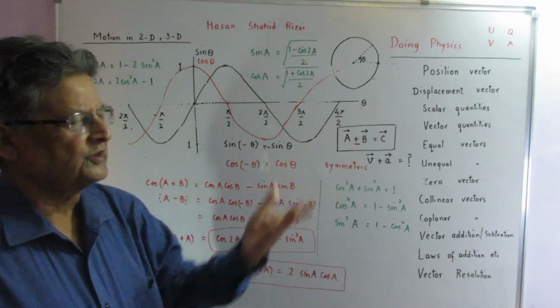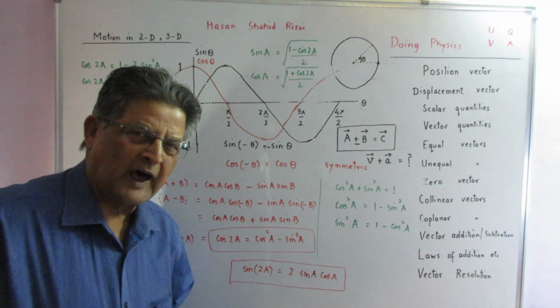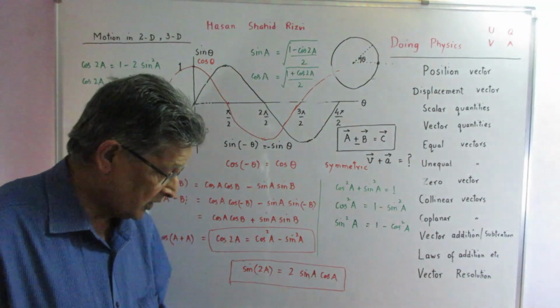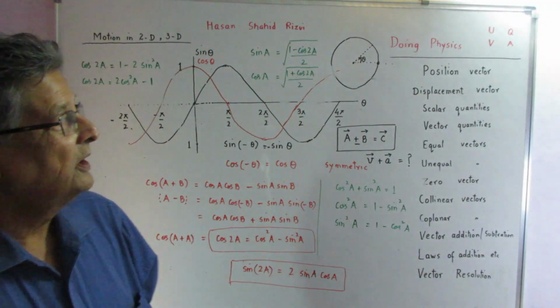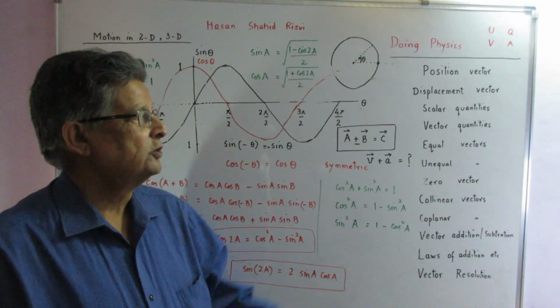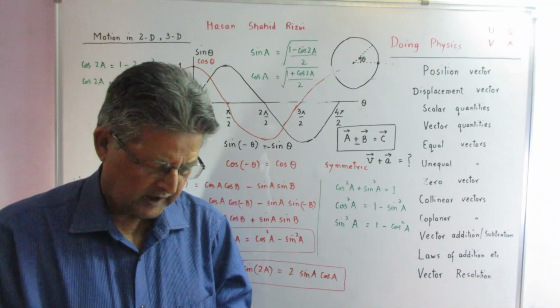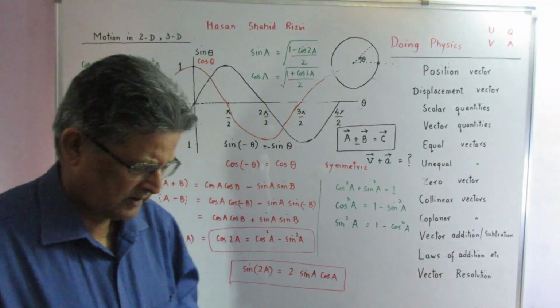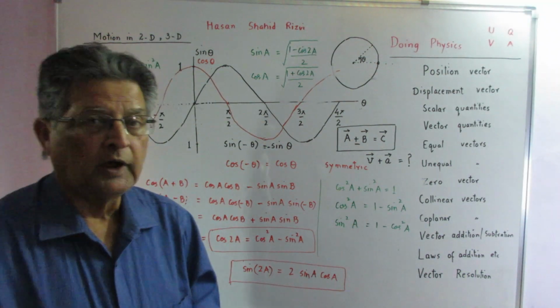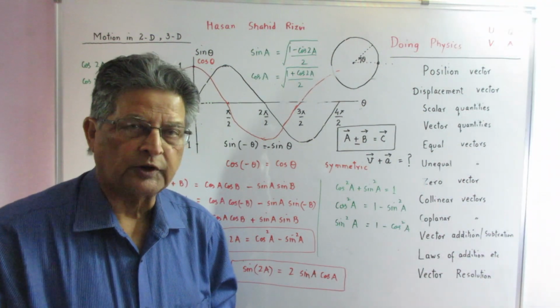What are scalars? Scalars are physical quantities which do not have any direction specified for them. They have only magnitude, and we can say that their magnitude is always positive.